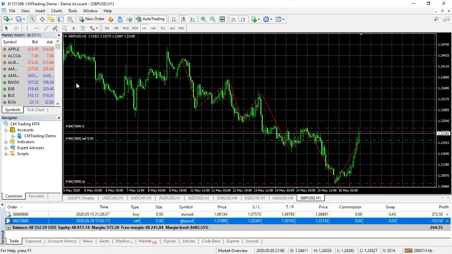Okay, so what you're supposed to do is make sure you execute your first trade if you've not done it so far, and the market has decided to turn. So make sure you have executed that trade.